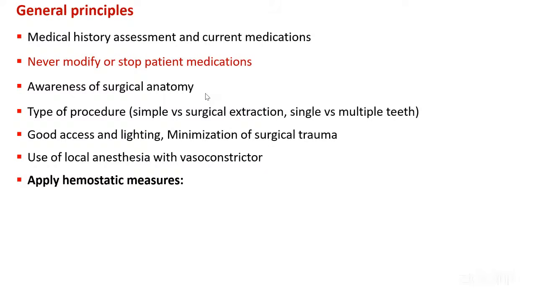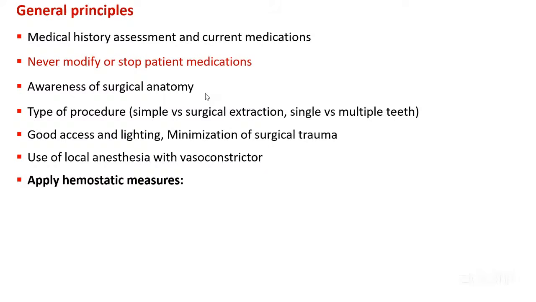Then we need to be aware of the surgical anatomy. Bleeding can occur not only because of the systemic condition, but because of malpractice or improper use of instruments. For example, using the elevator on the palatal side of the tooth, and sudden slippage of the elevator in the palatal mucosa might cause serious injury, endangering the greater palatine artery. So we need to be aware of the surgical anatomy, and also we need to assess the type of procedure.